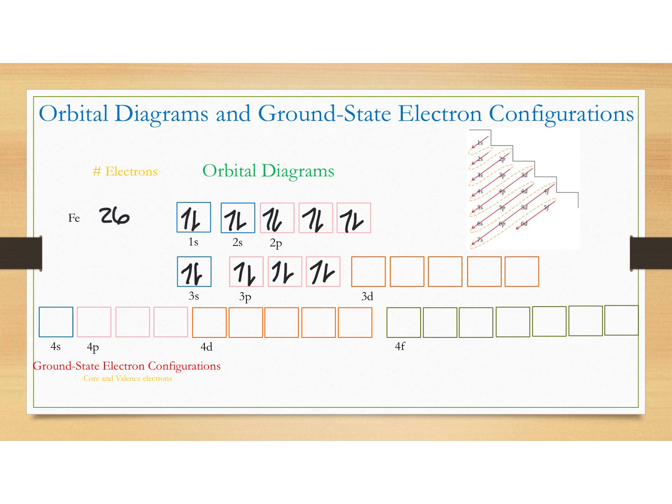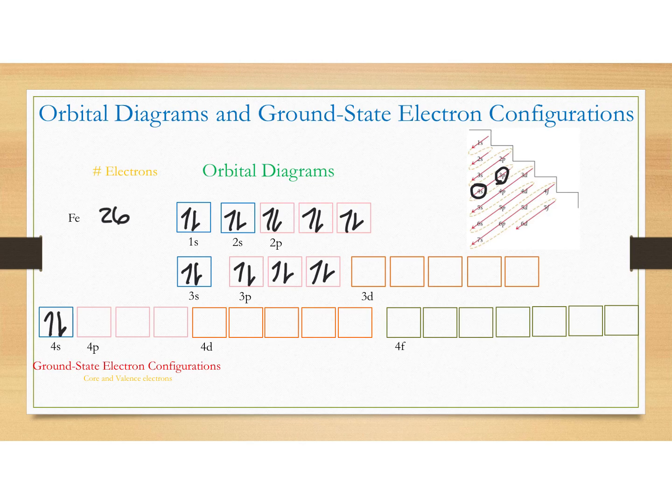Now what happens when I get the 3p filled? I then move on to the 4s. I had 18 electrons, 19, 20. Now what am I going to do?